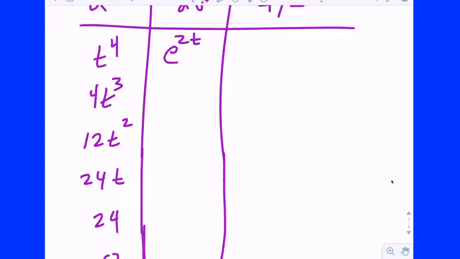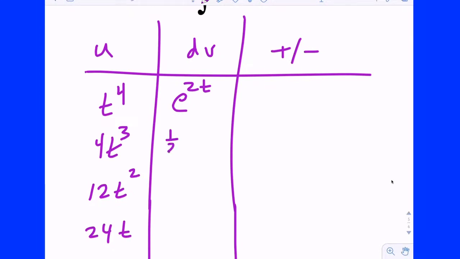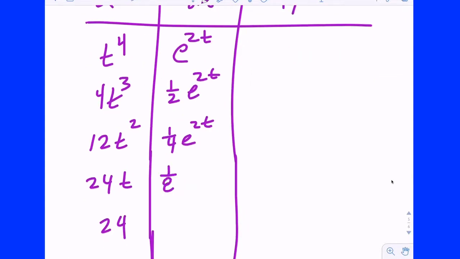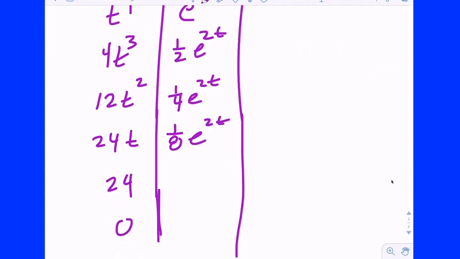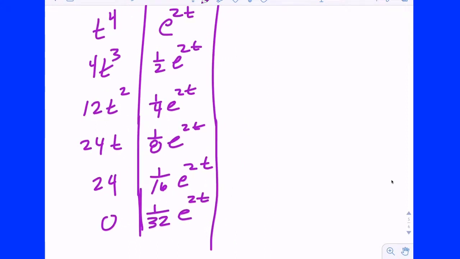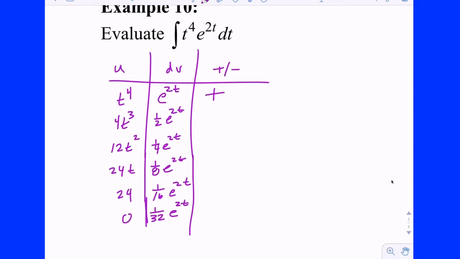Make a correction of a 1/2. Good. So 1/2 e to the 2t, 1/4 e to the 2t, 1/8 e to the 2t, 1/16 e to the 2t, 1/32 e to the 2t, and you could keep going there, but we'll stop because we hit 0 there. And then plus, minus, plus, minus, plus, minus. Alternate signs.